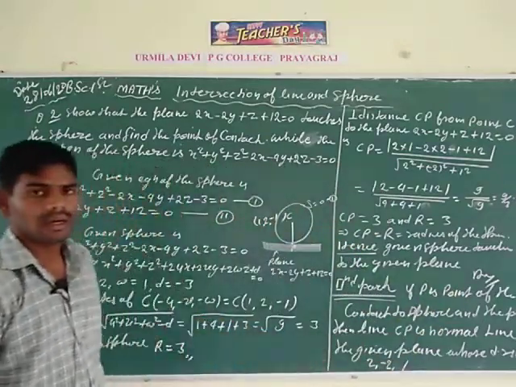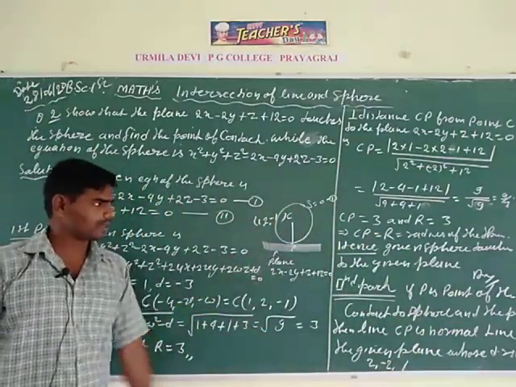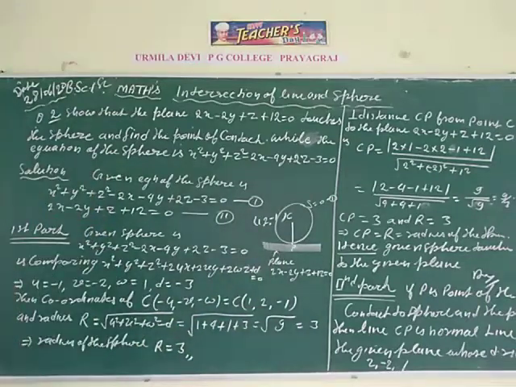After this, write the equation of normal line CP which passes through the point capital C.